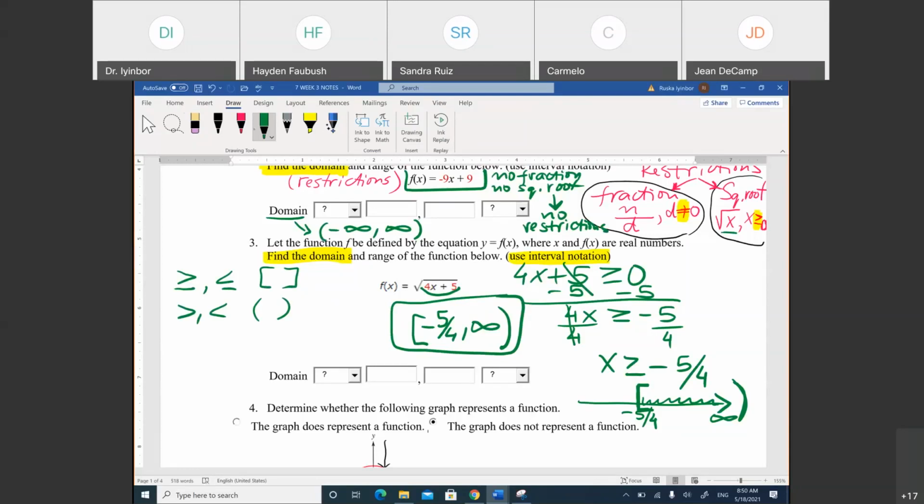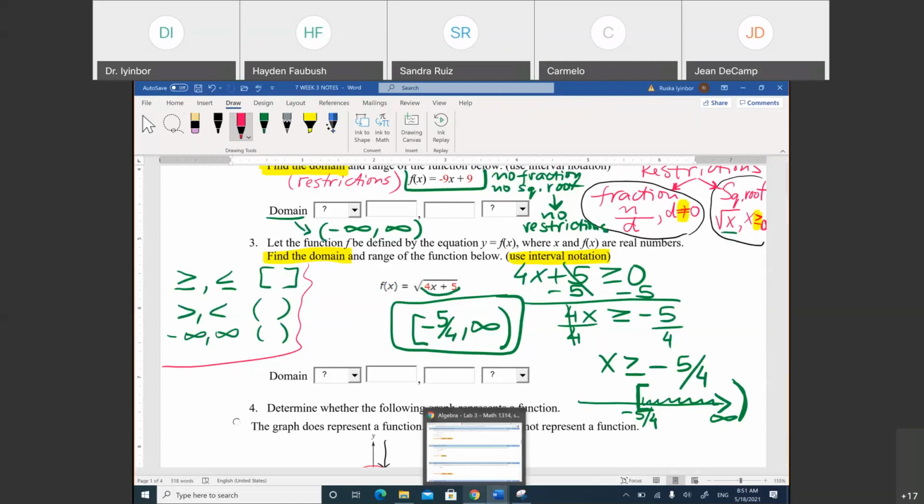And negative infinity and infinity is always with parentheses. So these are the rules. If you include the number, you use a bracket. If you don't include the number, you use parentheses. And obviously infinity and negative infinity means you never reach that number. That's why it's parentheses. Okay? So that's how you put the answer.